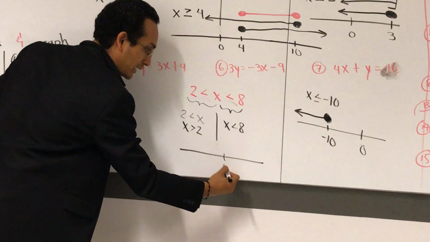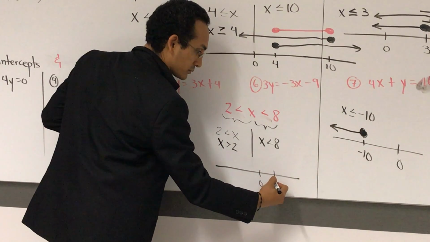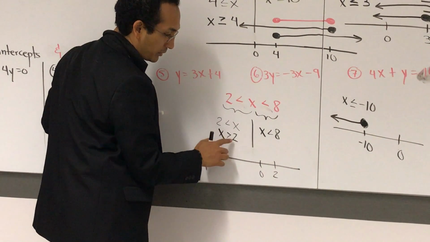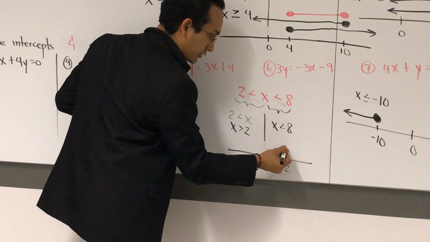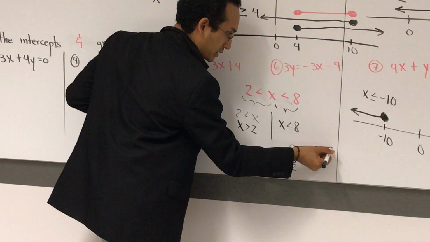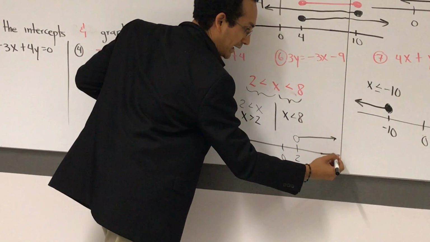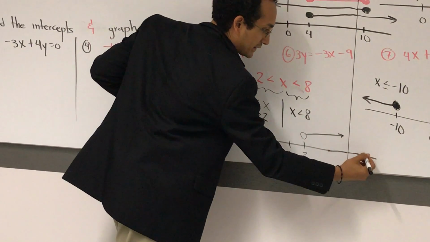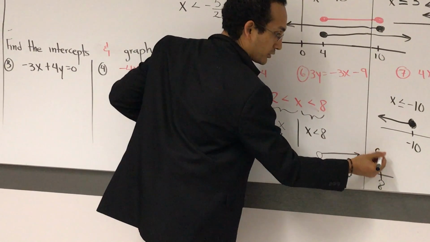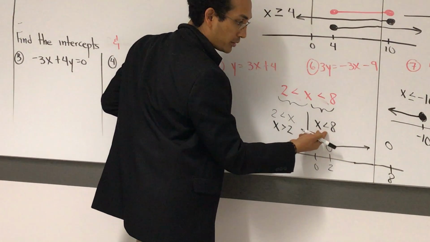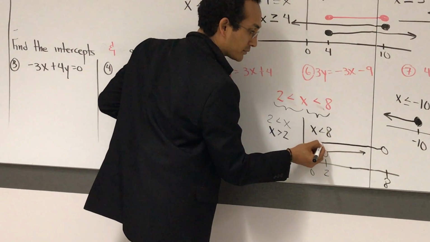Again, put a 0 to have a reference point. 2 is somewhere over here. And 2, remember, it's an open circle, and it's pointing to the right. So we have here, and here. And look at 8. Let's say that 8 is here. 8 is pointing where? To the left. So it's an open circle, because it has no bar below it, no equal sign below it, and you point this way, okay?